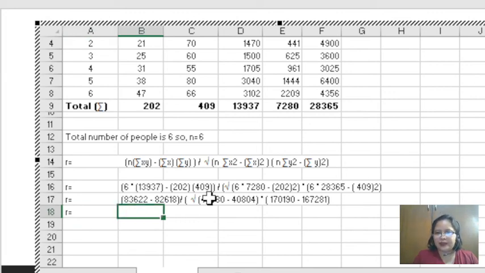Next, so that would be 1,004 divided by the square root of 2,876 times 2,909.